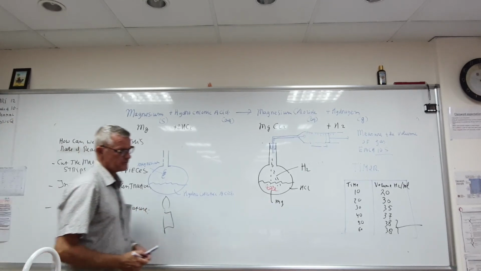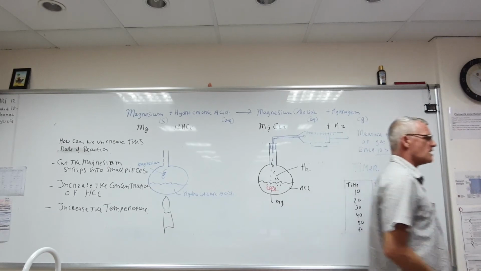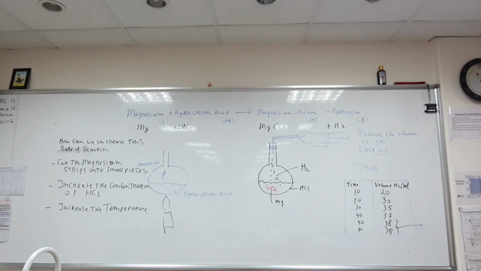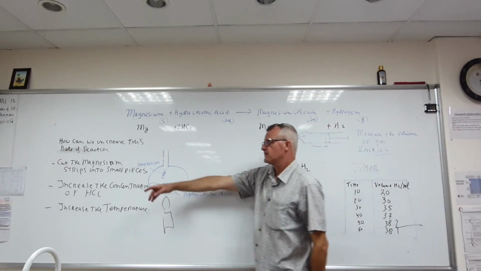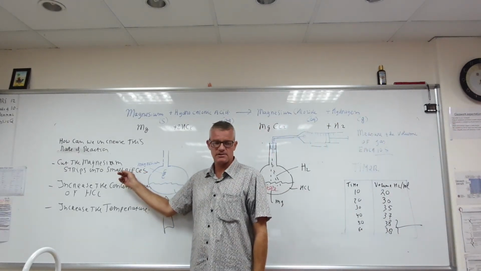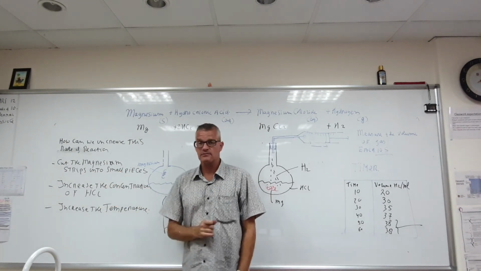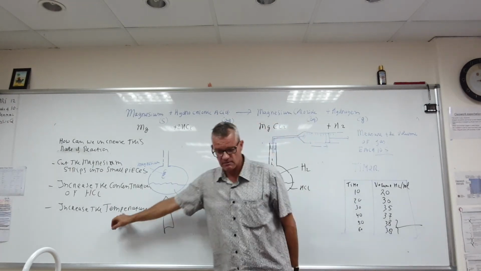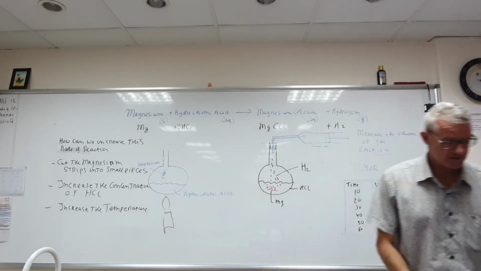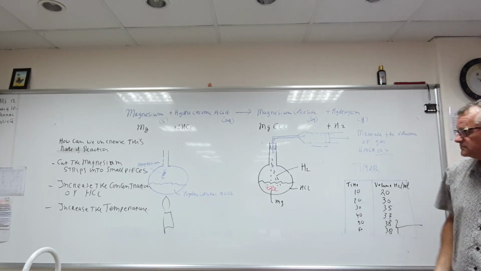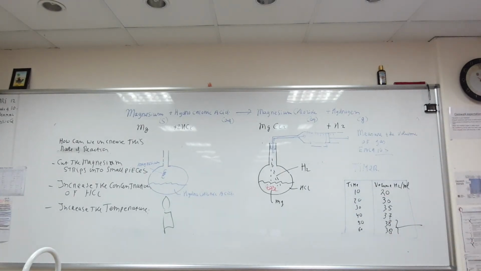And another way would be, we could add a catalyst. Okay? But this is how we can measure the rate of reaction, but also how we can measure the rate of reaction when we change the surface area, cut the magnesium in smaller pieces, or increase the concentration of the hydrochloric acid, more collisions, or increase the temperature. Okay? Alright. Make a note. Pause the video and make a note. And then I continue.